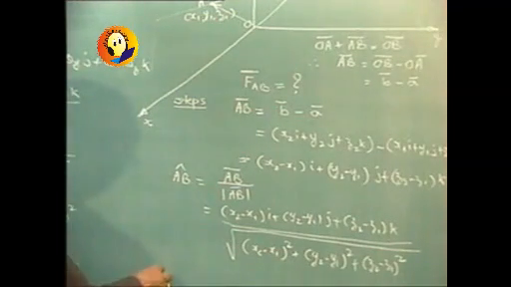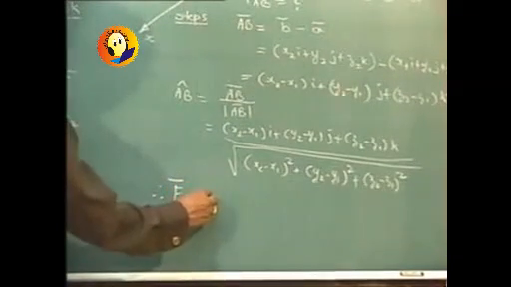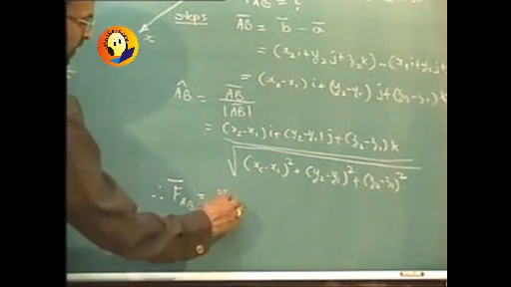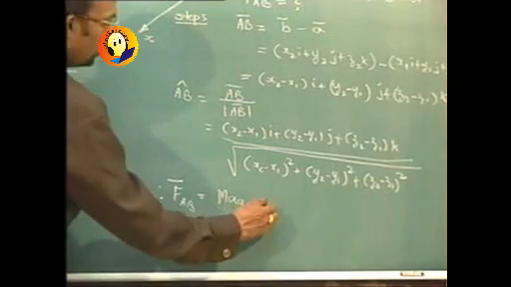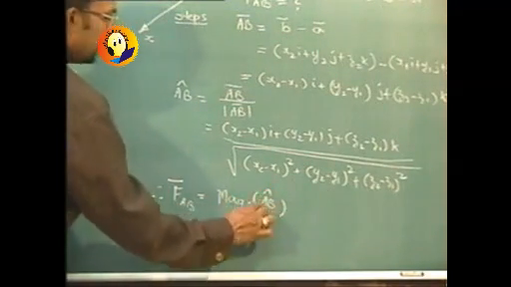And therefore F AB bar will be written as the magnitude of the vector into the unit vector in that direction.